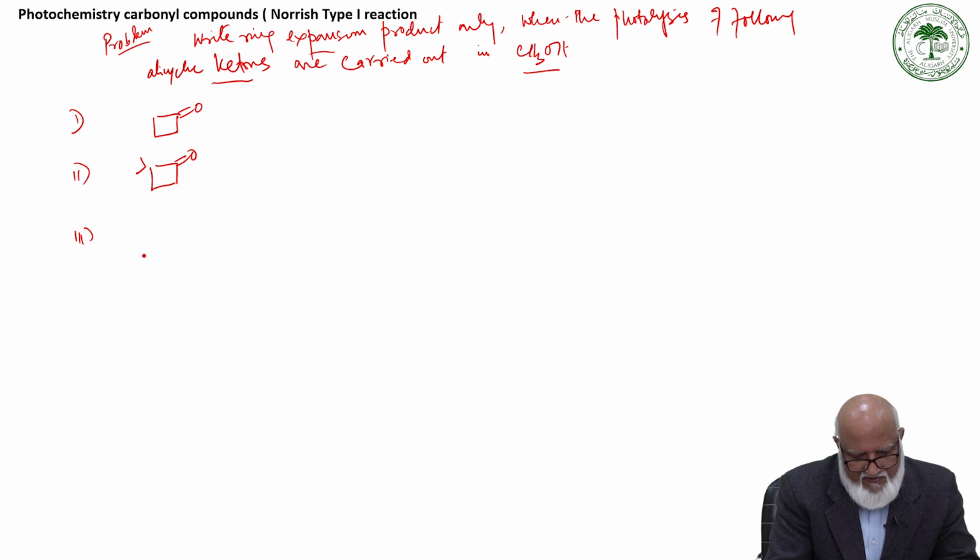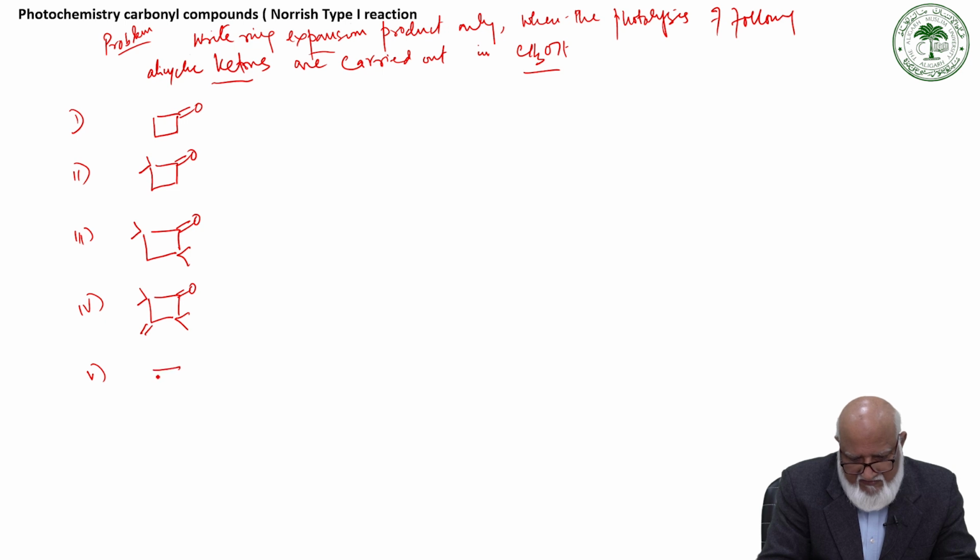Third one is dimethyl substituted, dimethyl, both at the alpha. Fourth one is again dimethyl substituted with an alkene here.